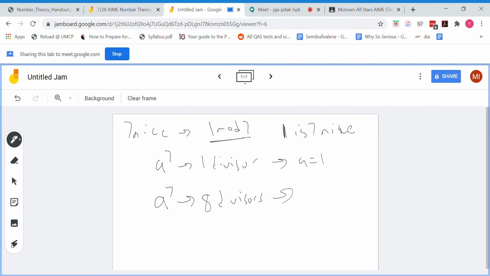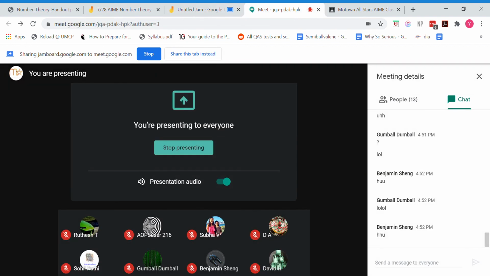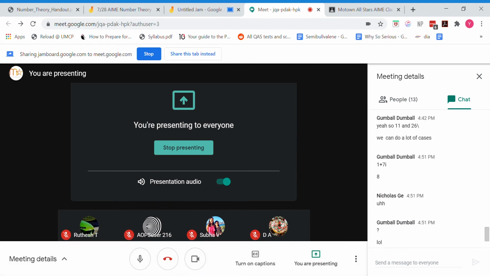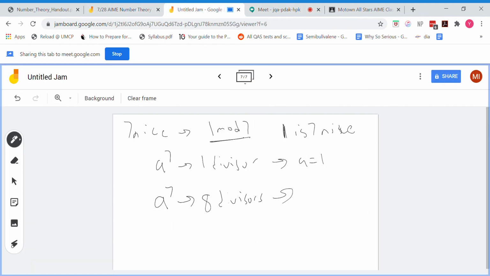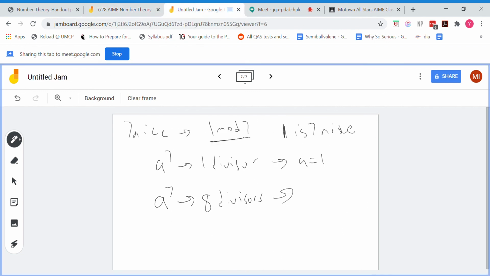What about a equals 2? Does that work? 2 to the power of 7 has 8 divisors. So a equals 2 works. Okay, so that means 8 is also 7-nice.